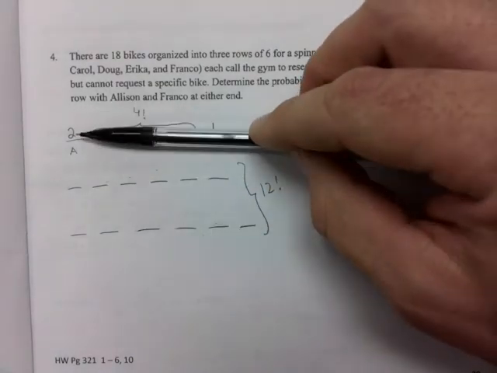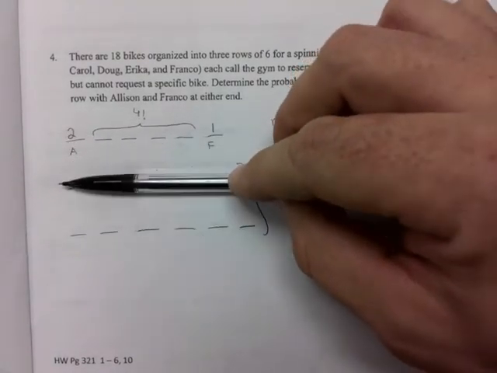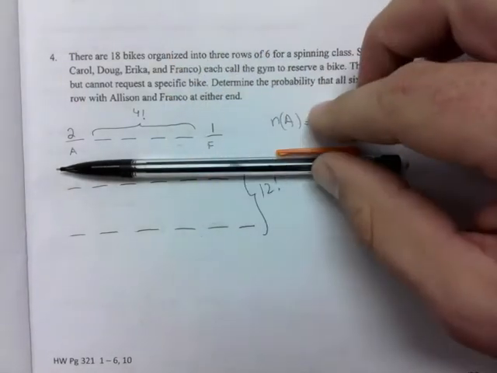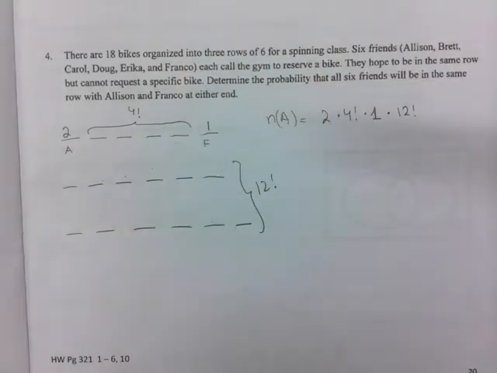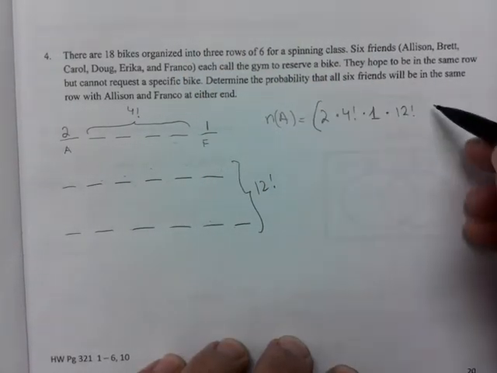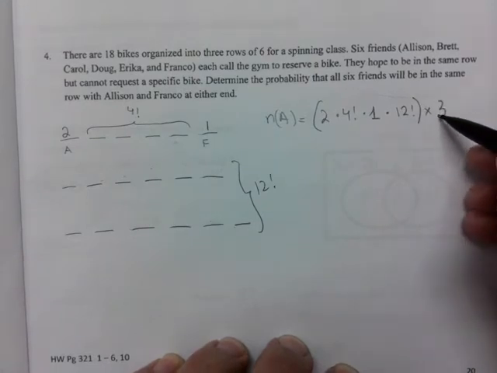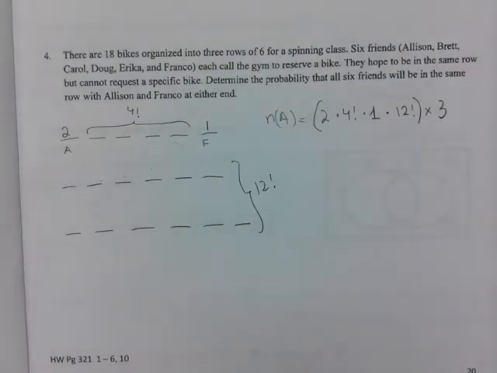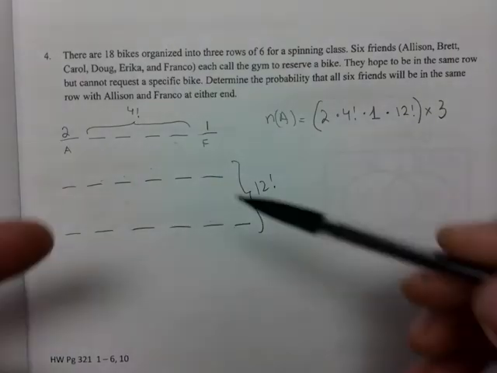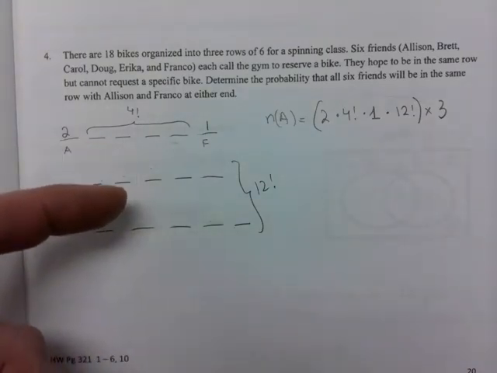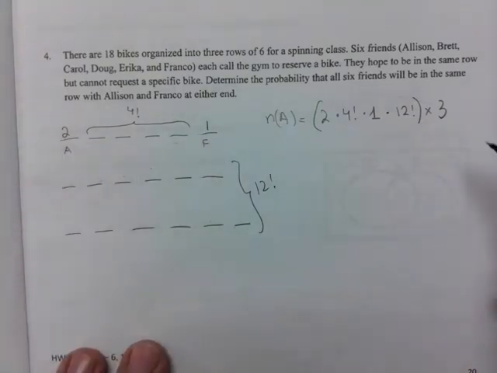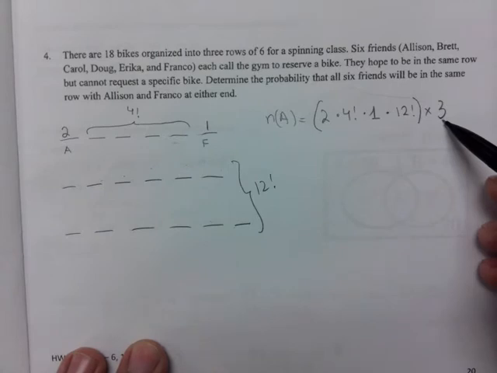So these friends could be placed in the 2nd row, and then everything else changed, and then in the 3rd row, and everything else changed. So it's almost like this could happen, if you want to put it this way, times 3. You could have that 3 times, because them being here is going to be a different permutation as opposed to there. Okay? So that's where the times 3 comes from.